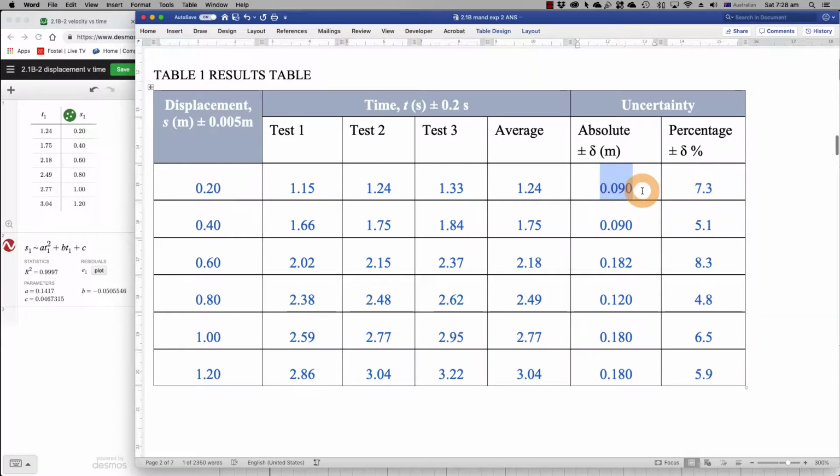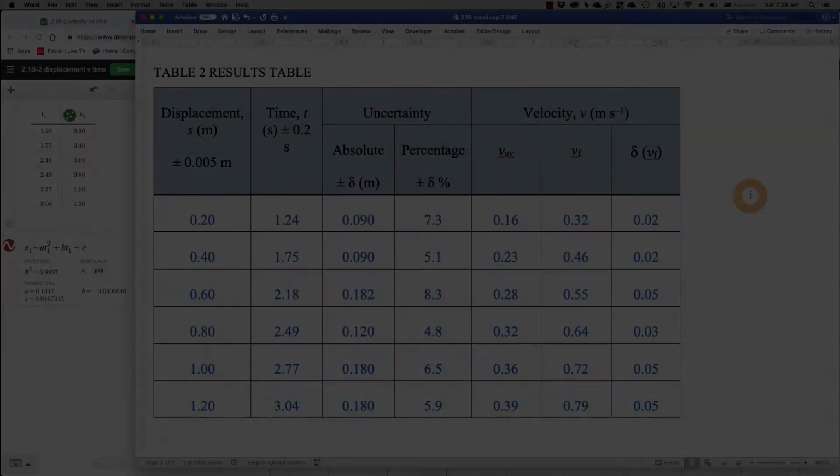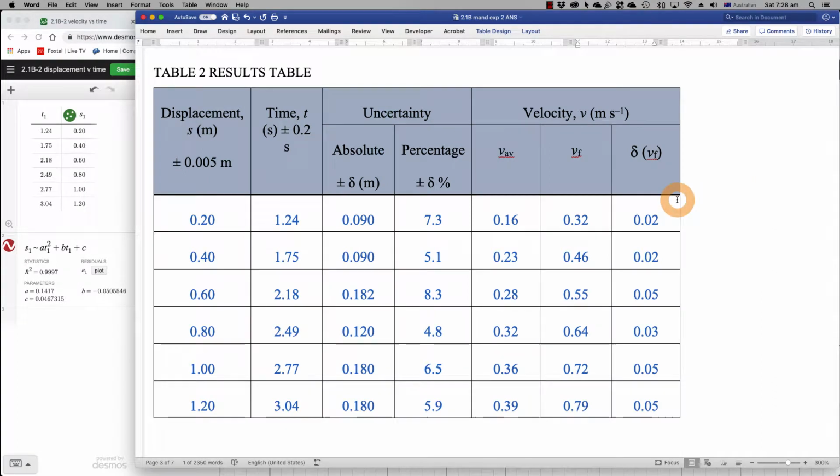Okay, so that's the first thing you need to do before we move on to look at the velocity versus time graph. So let's now look at table 2, and this table will help us to plot the velocity versus time graph from the displacement versus time graph. Here are my displacement values, here are my time values.